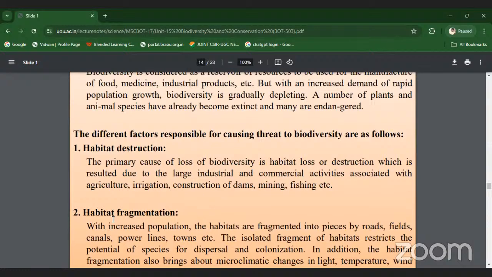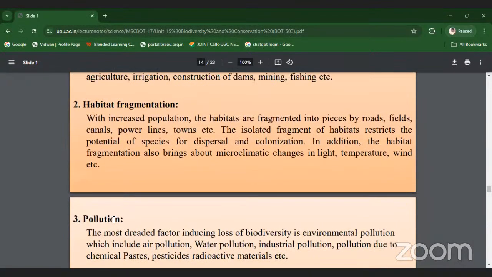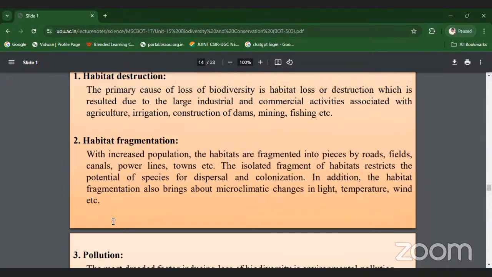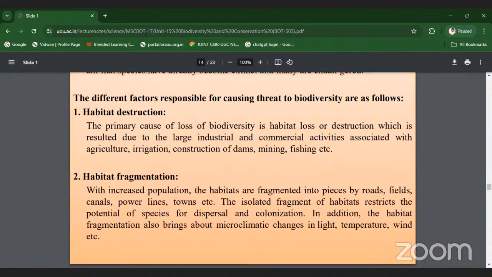Another one is habitat fragmentation. Fragmentation means the habitat is no longer continuous. For example, take the Papikondalu area, which has high richness.